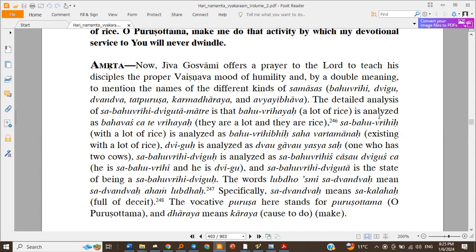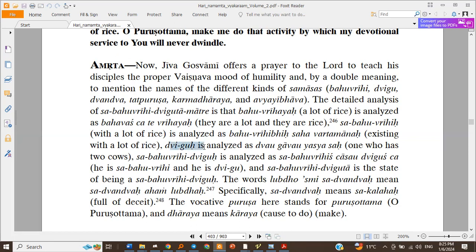Let's say Sabhaktah Guruhu. So that would mean a guru along with his disciple or disciples. So Sa Bahuvrihi, Bhaktaihi Saha iti Sa Bhaktah. Balaramena Saha iti Sa Balarama or Sa Rama. So that was the first one, Sa Bahuvrihi.